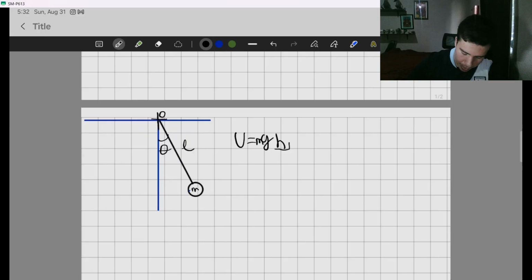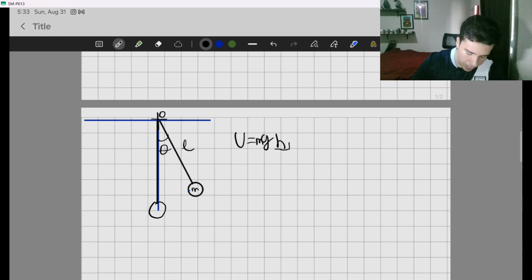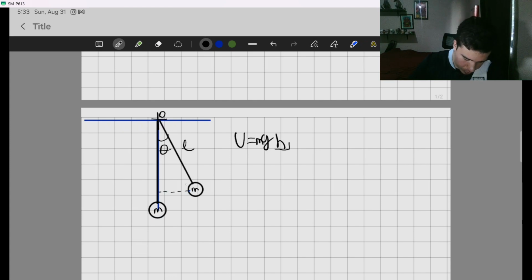So I will be doing here, this is the system in a rest position, the same as before, and this will be the h, this part here, this is our h.